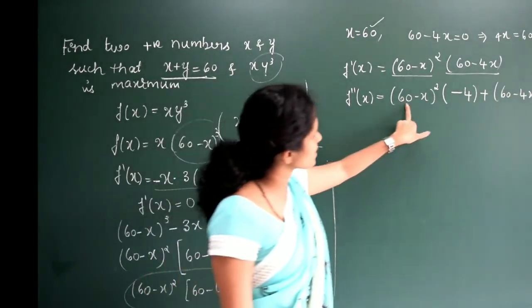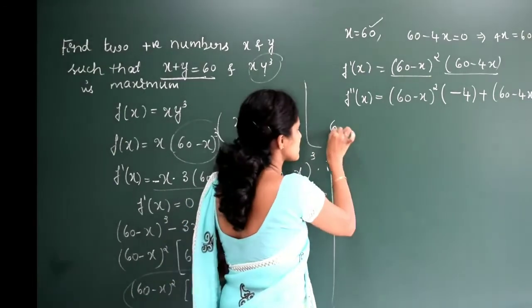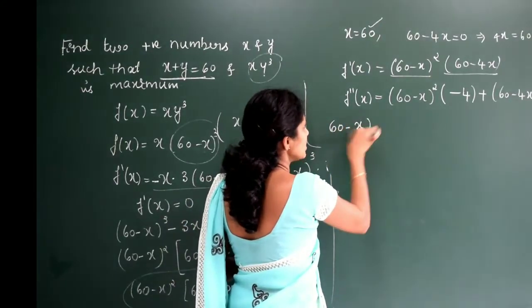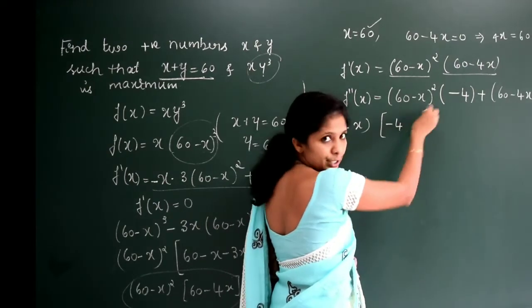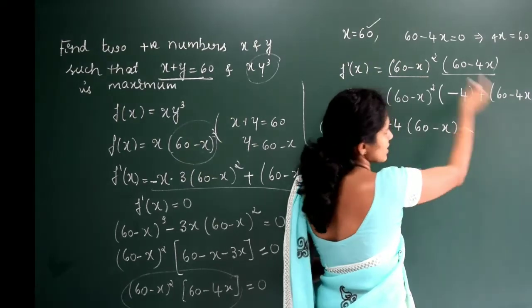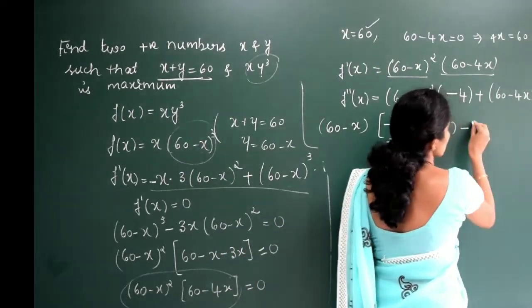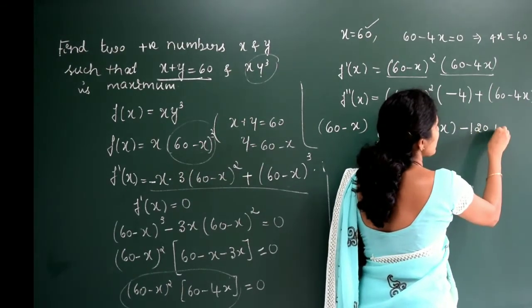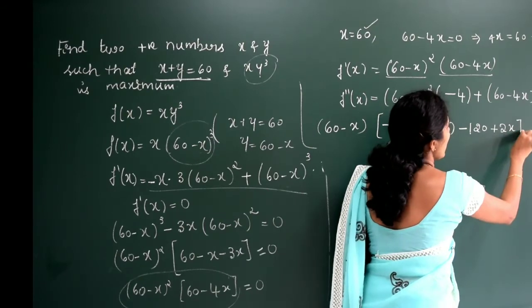Now we can observe here 60 minus x is common, right? We will take out 60 minus x common. What is remaining? In the first one, minus 4 into (60 minus x), and here one (60 minus x) is out, so remaining is minus 2 into (60 minus 4x), which will be minus 120 plus, minus into minus will be plus, 8x.